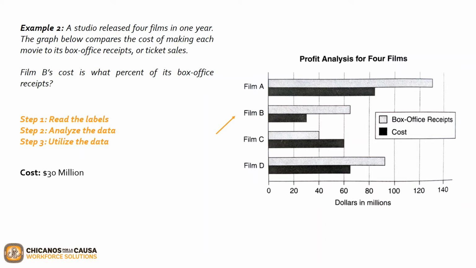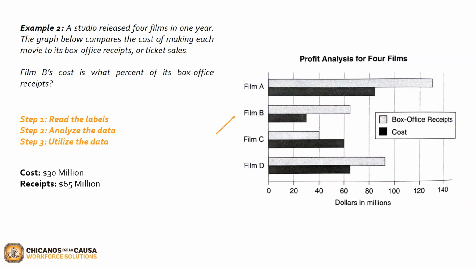Now, the box office receipts is somewhere between 60 to 80 million. If it was halfway between, we could estimate that it was about 70 million, but it's not. So really, it's about 65 million in receipts. Therefore, this movie cost $30 million to make, and it brought in $65 million of revenue.